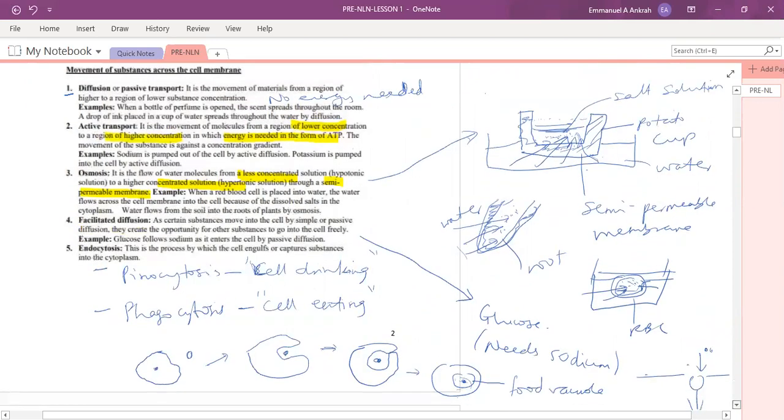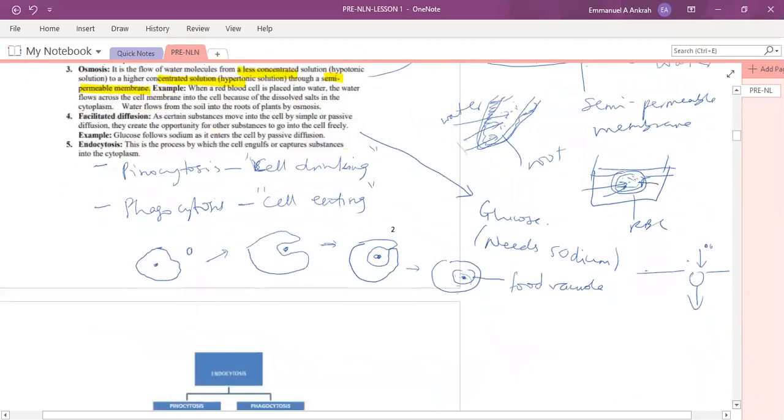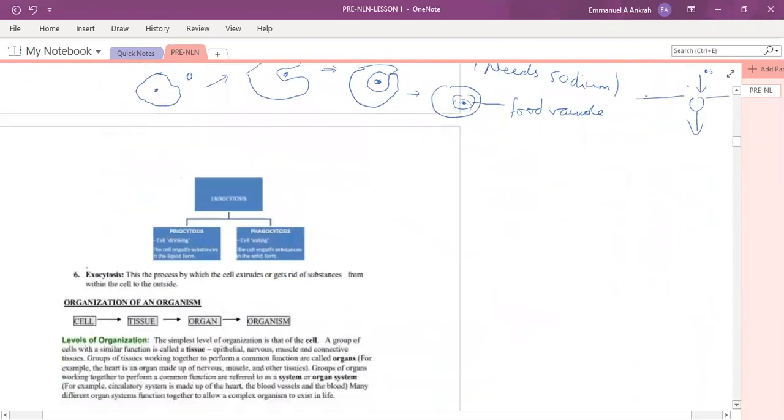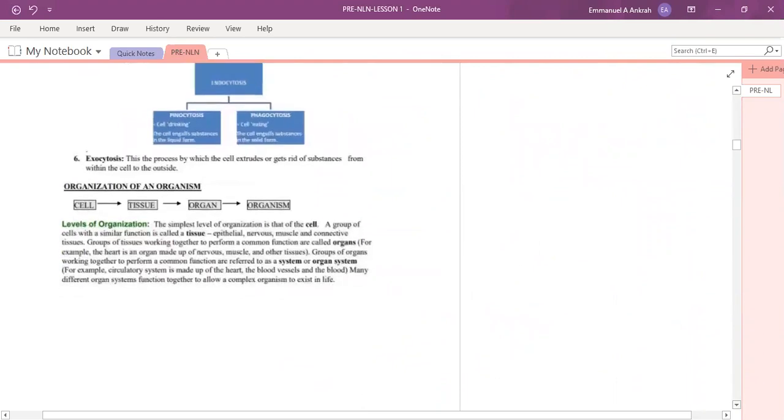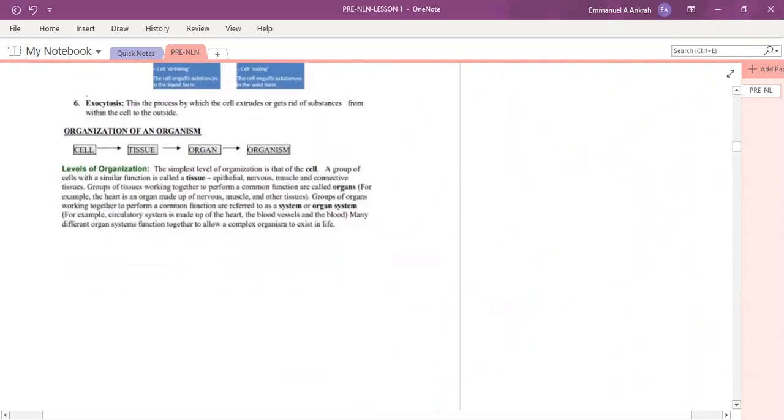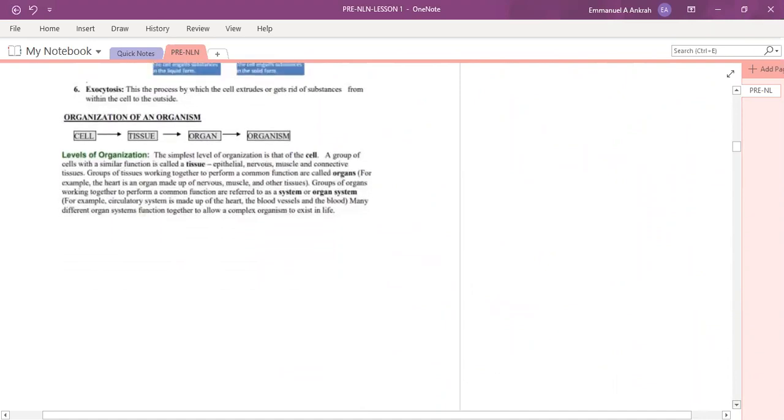As I said, we'll see the application in the textbook soon. All right, so I have that here, so that's fine. And then exocytosis is moving the substance out of the cell, getting rid of the substance. So it's backwards, right? Pushing it out. Okay, good.